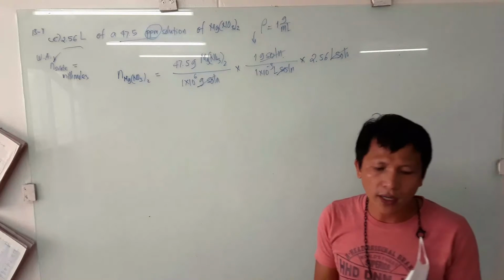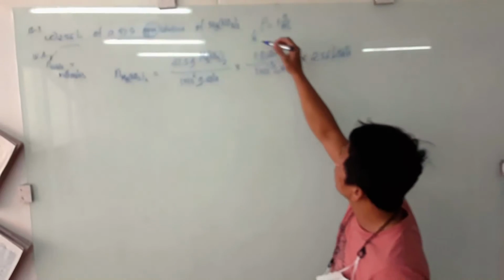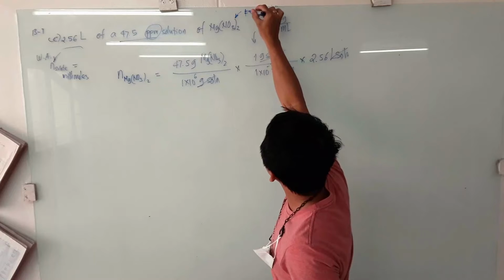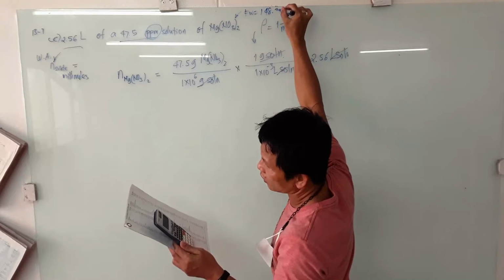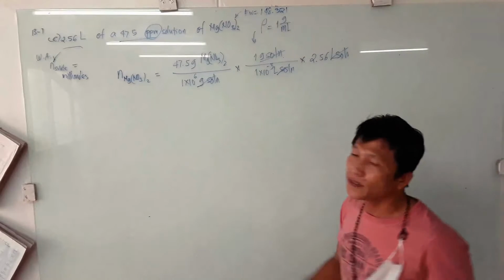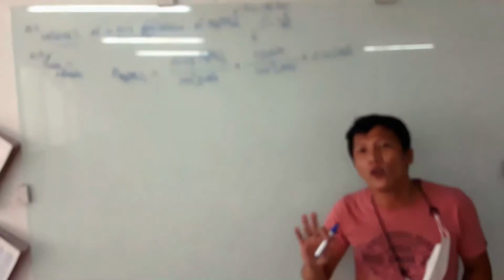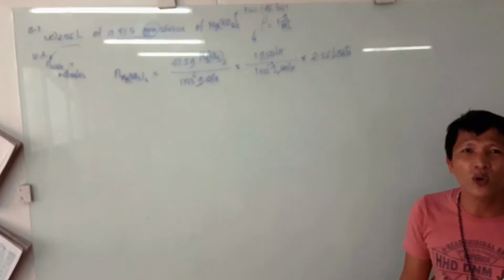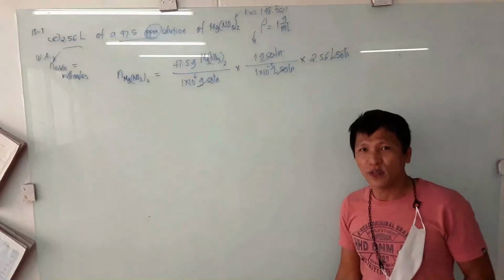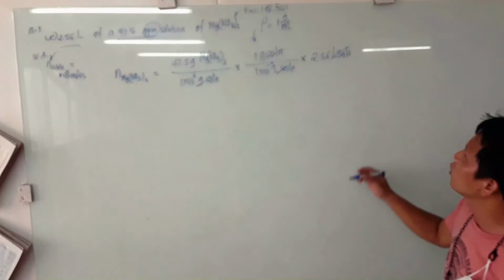By that you have 148.321. So the formula weight of this one would be 148.321. As I said, not all formula weights are listed on the table that I gave you, so you really have to know how to get that freshly from your periodic table.